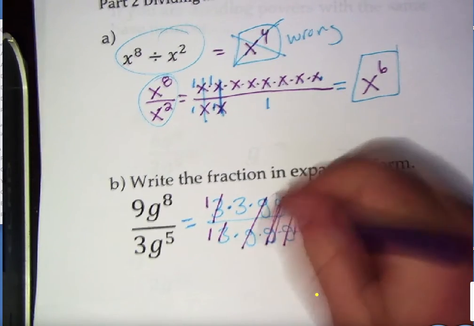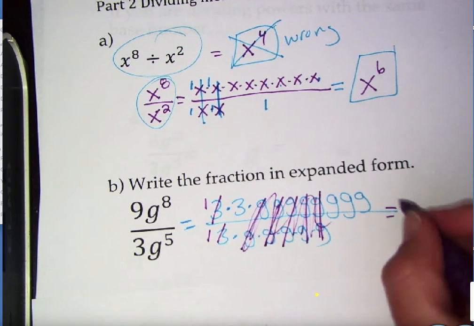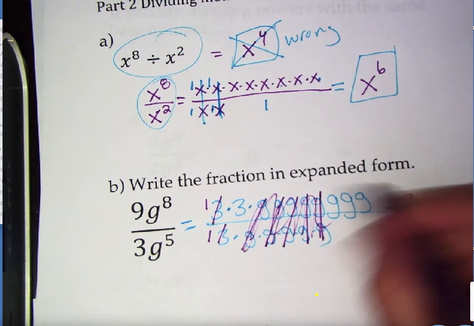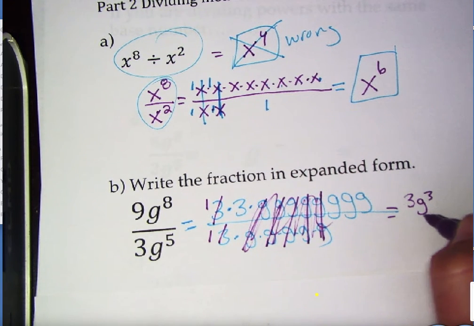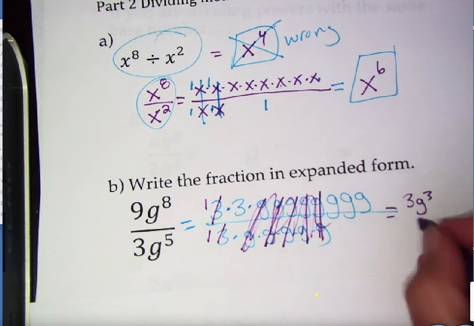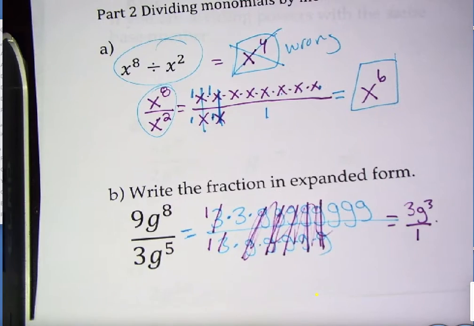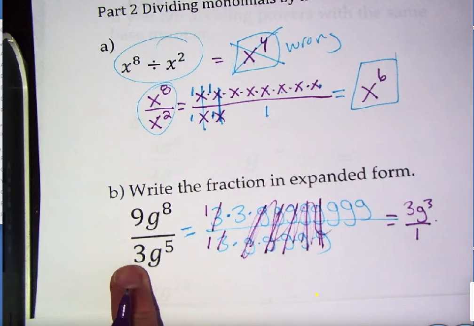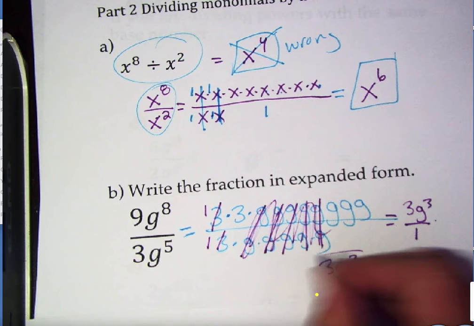And I would say, great, yep, those are all 1s. So 1 times 3 times g times g times g is g to the 3rd. 1 times 1 times 1 times 1 times 1 times 1 times 1 times 1 is 1. So 9g to the 8th divided by 3g to the 5th is 3g to the 3rd.